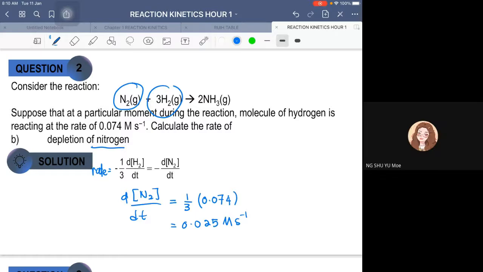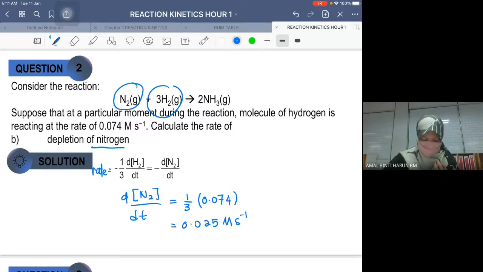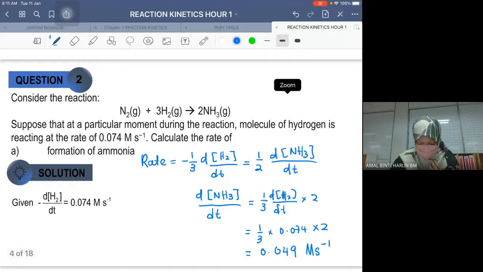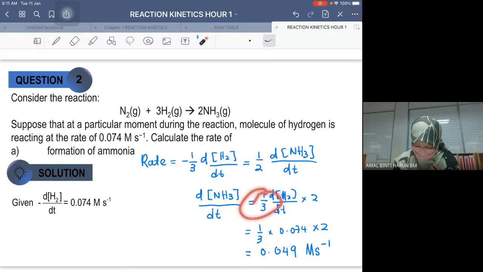Okay, tadi 2A kenapa tak perlu letak negatif? Okay. Yang B ni pun saya tak letak negatif. Negatif tu untuk indicate dia berkurang je lah. Dekat sini saya hilangkan negatif dia dah.